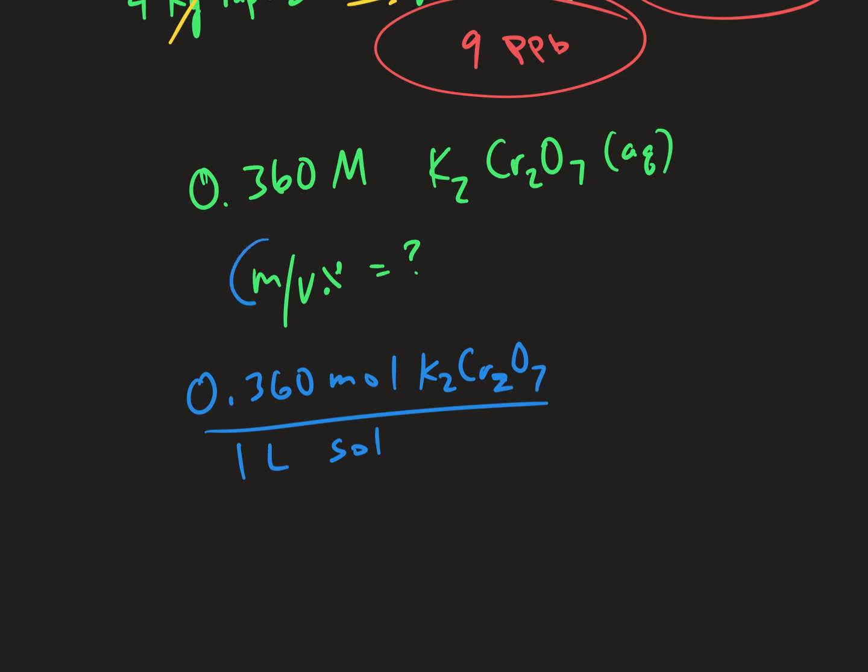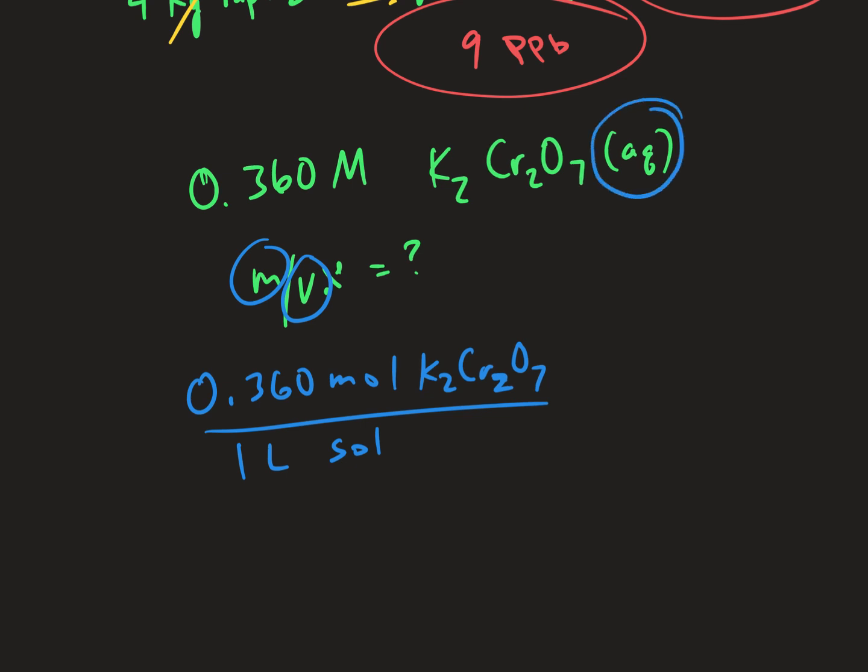And we have to do mass per volume here. What does mass have to be measured in? It has to be measured in grams. And what does volume have to be measured in? Liters. It has to be measured in milliliters. Who can tell me why?